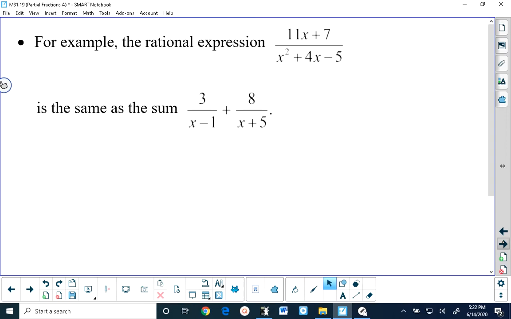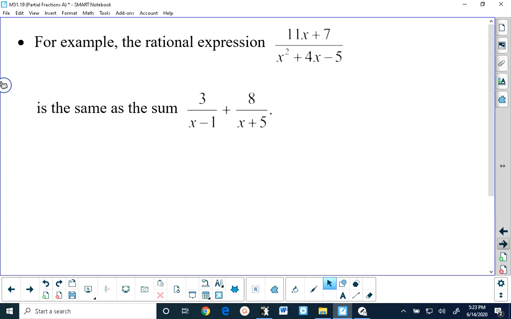What that means is if you were to pick any number in the universe that's a permissible value for x in the rational expression (11x + 7) over (x² + 4x − 5) and put it into that expression, you would get the same result as you would if you put that number into 3 over (x − 1) plus 8 over (x + 5). They're exactly equal to each other.